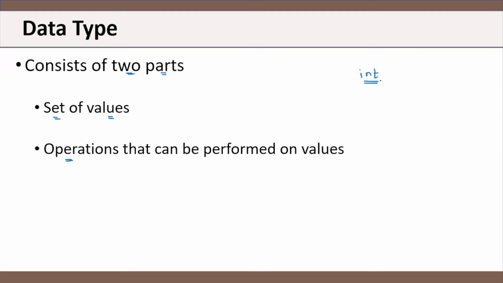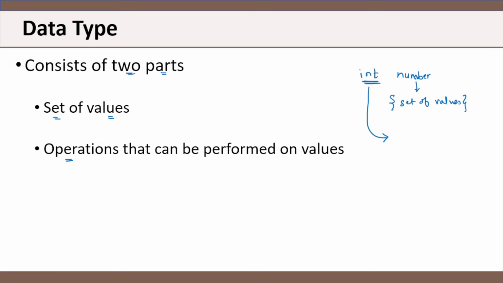So whenever we say that we are having one data item, say a number, having data type integer, then what actually are we trying to convey? We are trying to convey that this number will have a certain value that belongs to some set of values. Also, we are conveying that this number is having the data type integer, and this indicates that there are certain operations that we can perform on the values.